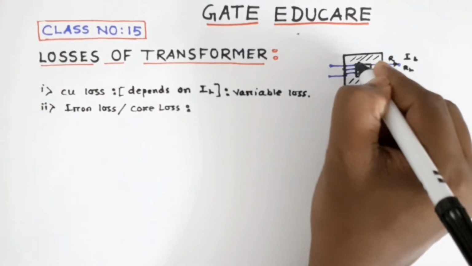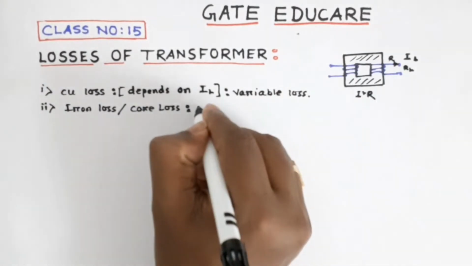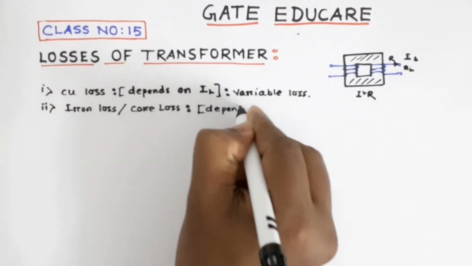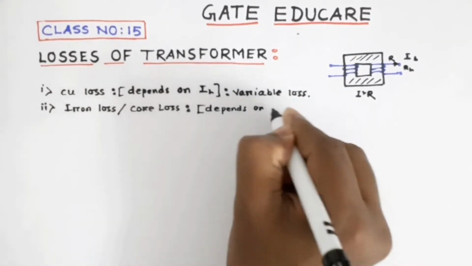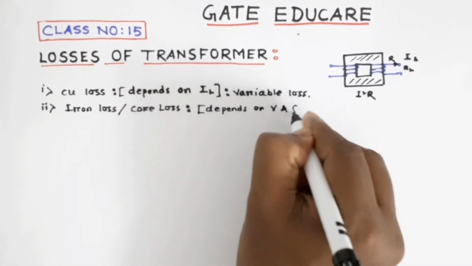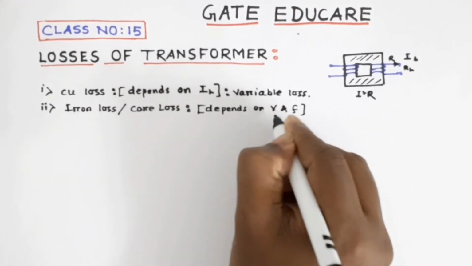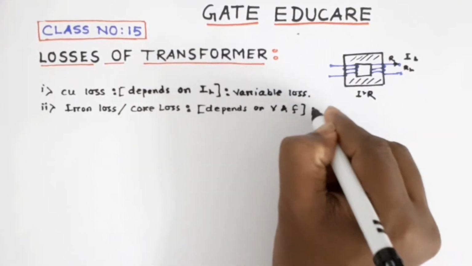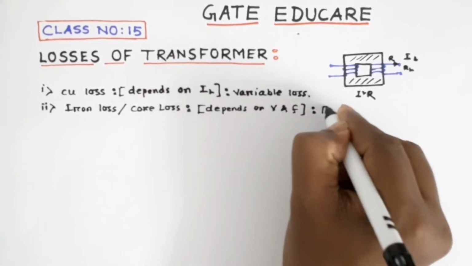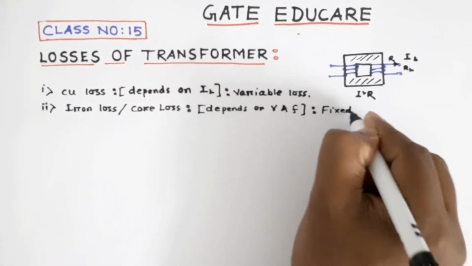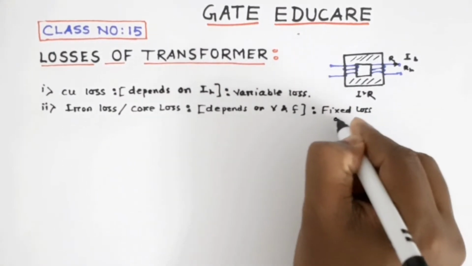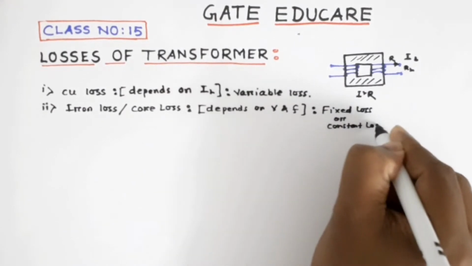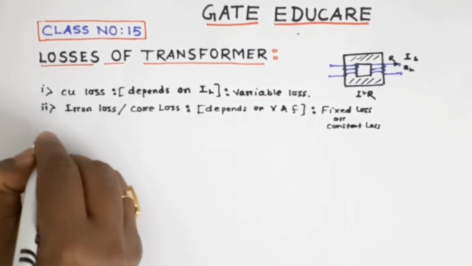The iron loss depends upon the supply voltage and frequency. Since the voltage and frequency is constant, therefore it is a constant loss or fixed loss.